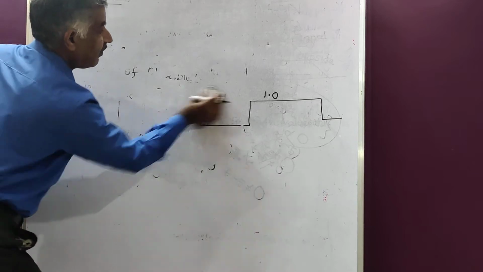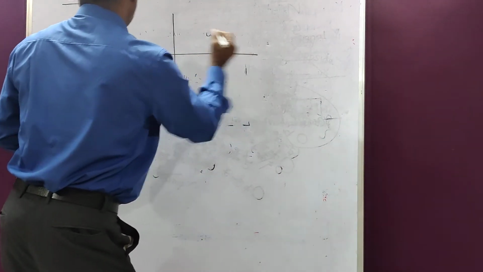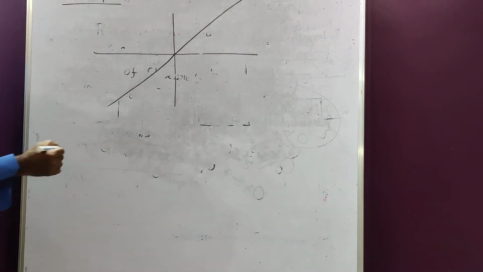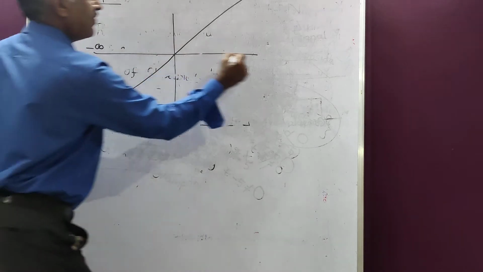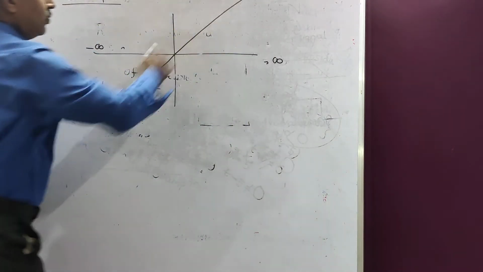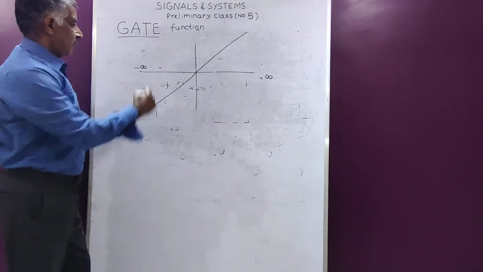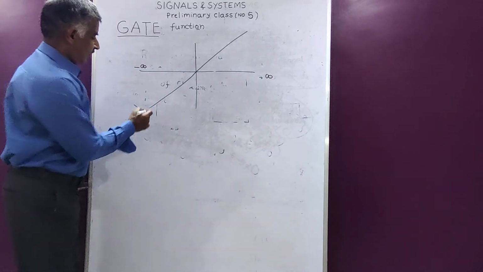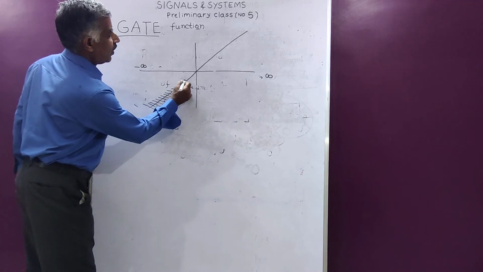Suppose you are given a graph like this. For example, take a straight line extending from minus infinity to plus infinity, passing through the origin. You want to erase this portion, that is, for negative values of t, you want to erase this.